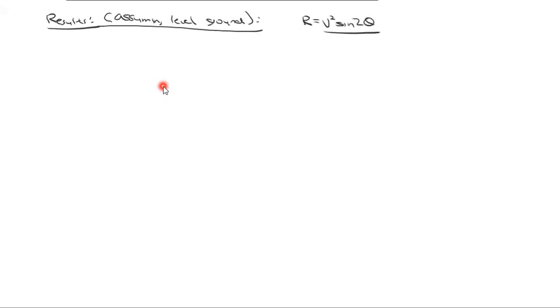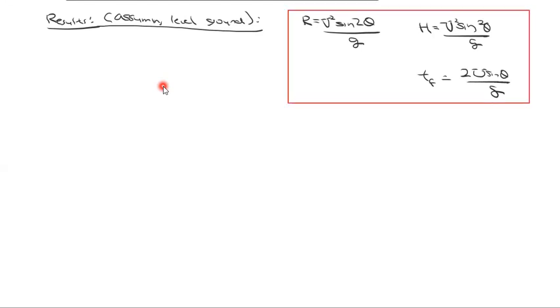I'm saying that you have to focus on the ideas. Right, so those are the formulas on the right-hand side, which may help you understand what I'm about to say. But let's start with range, all right?